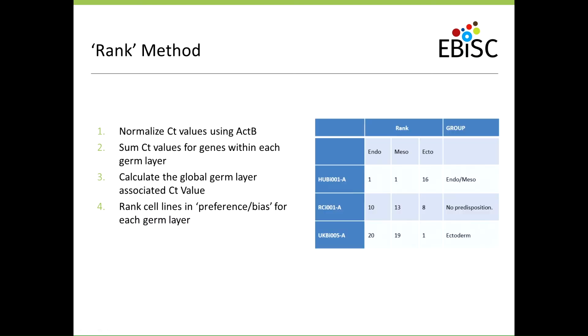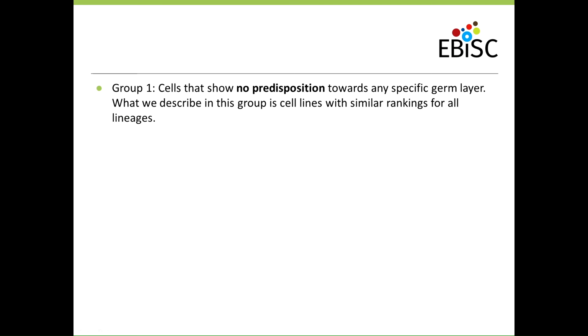And what you end up with is data like this, where of the lines that we looked at, we could see that, for example, this Hubrick line scored the highest for endoderm, mesoderm gene expression markers, and this line from Bonn ranked the highest in terms of its ectoderm markers. So we were able then to basically group these cells into 3 different groups. The first group that we identified were cells that showed no predisposition towards any specific germ layer.